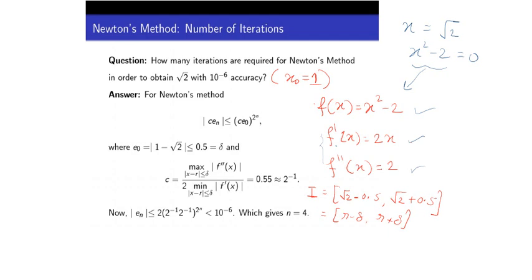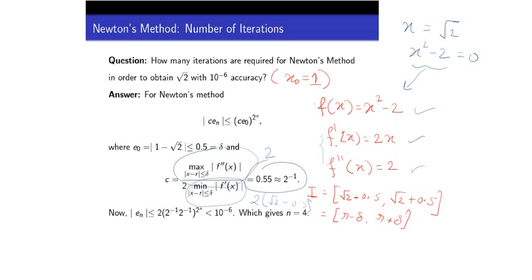The maximum of f double dash is 2, and the minimum of f dash is 2 times root 2 minus 0.5, since it is increasing over this interval. Approximately you will get 0.55, so that is approximately 1 by 2. So the C value is 1 by 2.